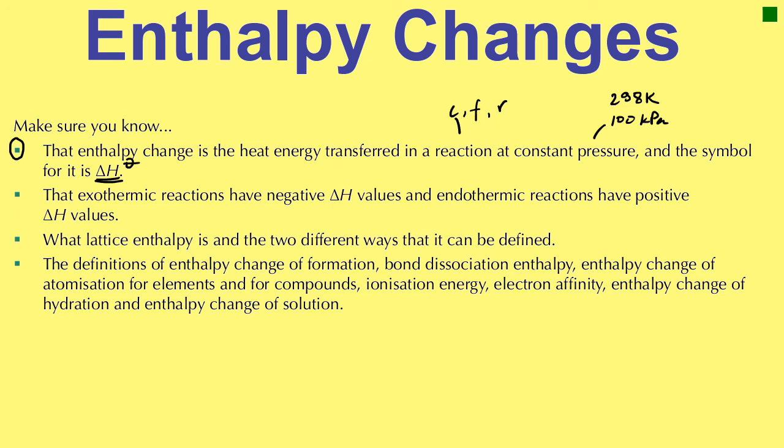Okay, so we reminded ourselves that exothermic reactions have negative delta H values, where heat is given out to the atmosphere because there's less energy in the product bonds, and in an endothermic reaction, heat is taken in to make new bonds that have more energy, and so that is a positive delta H. And we looked at the two ways of defining lattice enthalpy, that being formation and dissociation.